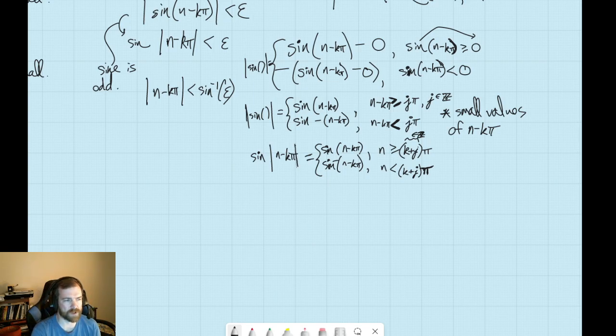As long as these are small values, this relationship's going to work out. And whether or not the interior portion of the sine or the exterior portion of the sine is what's being absolute valued, it doesn't matter.